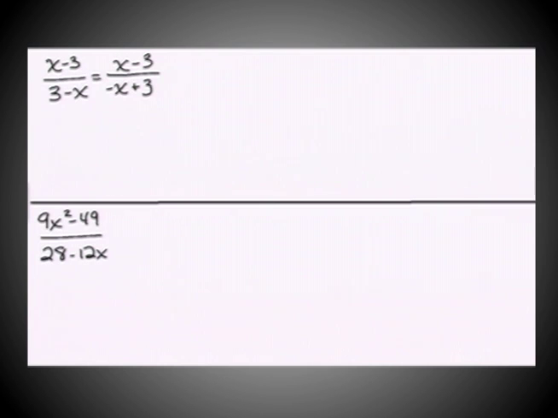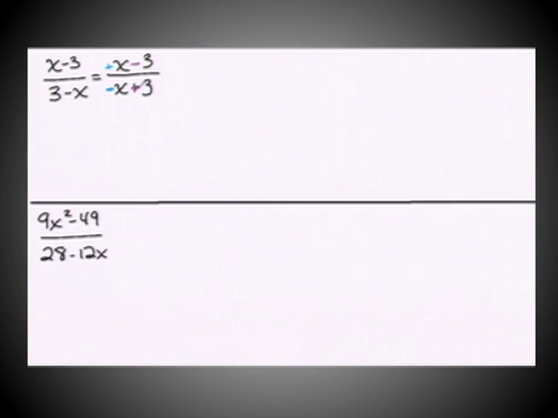So just to point that out, this x in the numerator is understood to be positive, and the x in the denominator is negative. The 3 in the numerator is negative, and the 3 in the denominator is positive. So these are considered opposite polynomials. All right, so we've established that we have opposite polynomials.